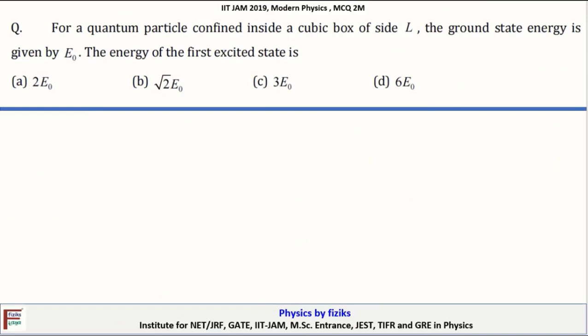For a quantum particle confined inside a box of side L, the ground state energy is given by E0. The energy of the first excited state?